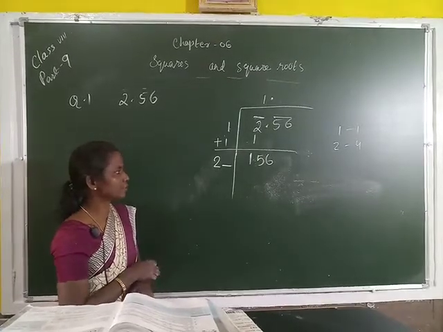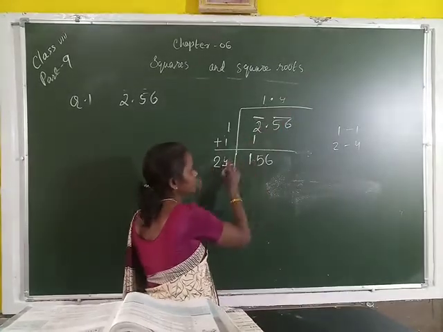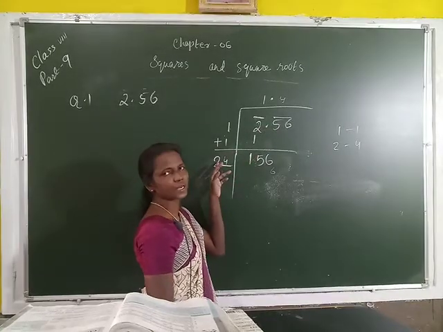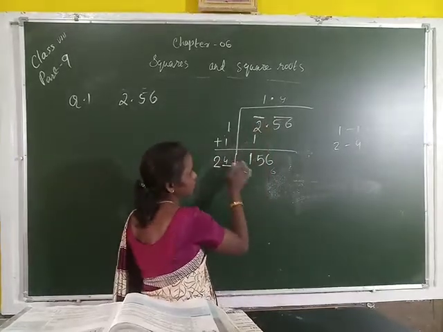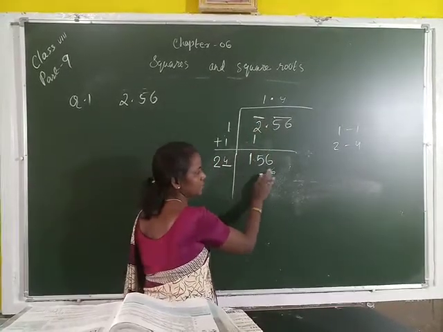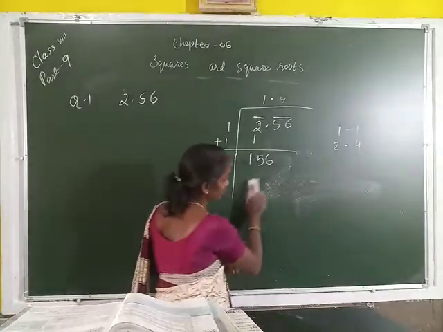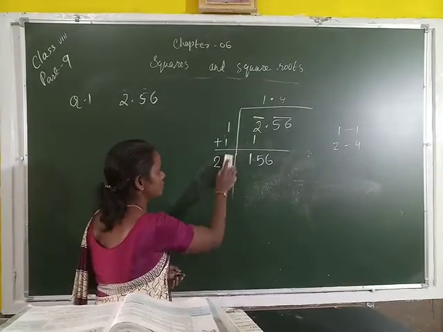Then look: 4 times 4 is 16, carry 1. 4 times 2 is 8, plus 1 is 9. Here we get 96. 96 is not equal to 156. So next, which number?